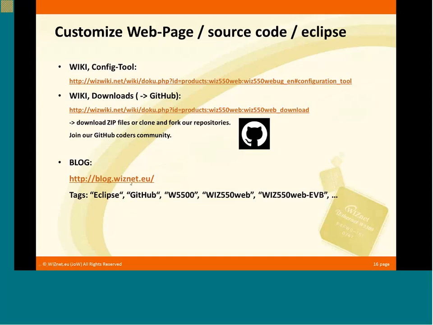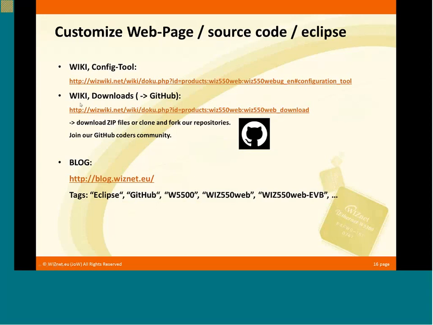And in our blog, we showed you Tobias' home automation project, and with tags like Eclipse, GitHub, or our product names, you quickly find those blog entries that guide you into how to set up everything well.